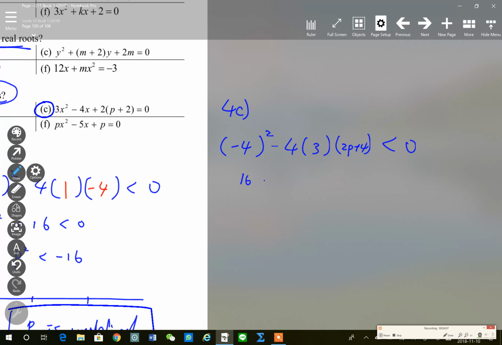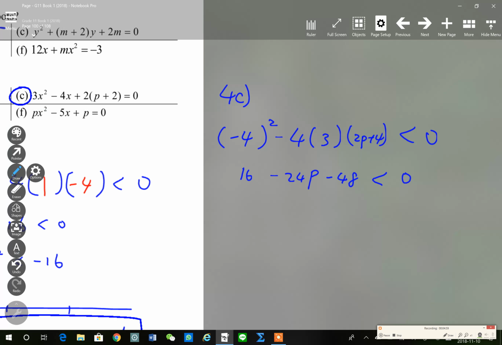And multiply it out. 16 and then minus 24P and then minus 48 and then less than 0.